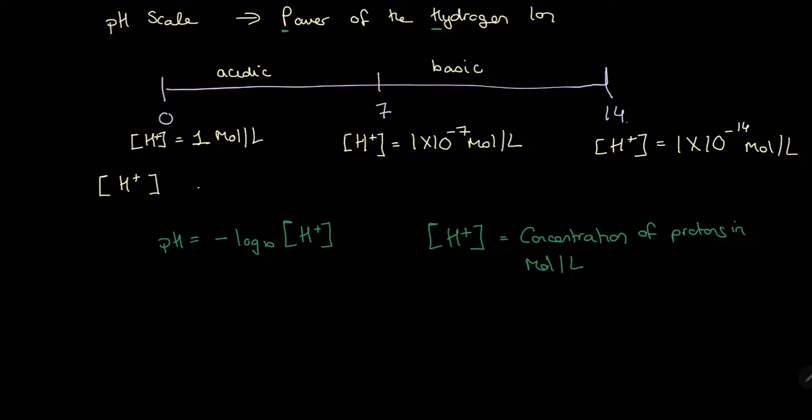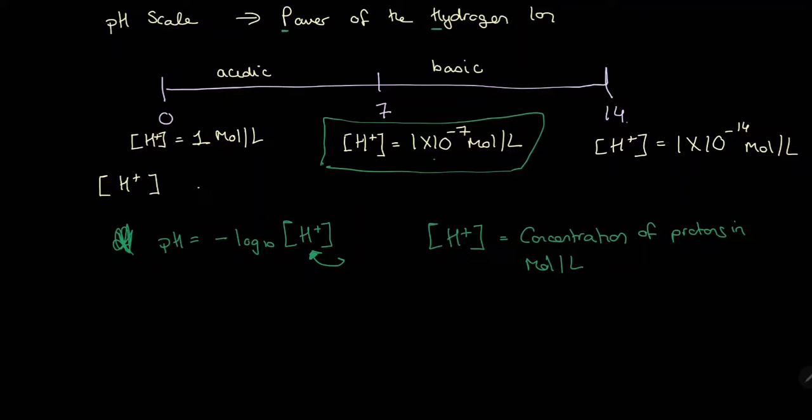Okay, to convert from the concentration of the hydrogen ion in a solution into a pH, we have this formula here. We can convert between pH, which gives us a number between 0 and 14, and the concentration of the protons, the amount of protons in the solution.